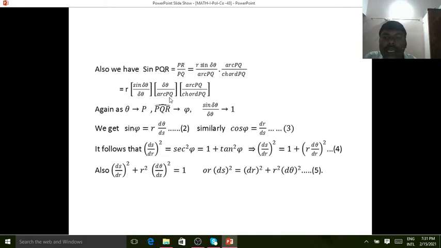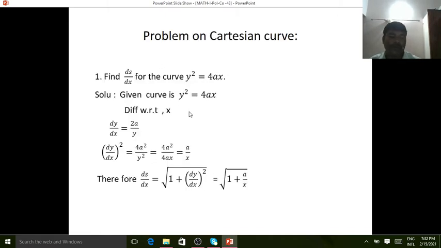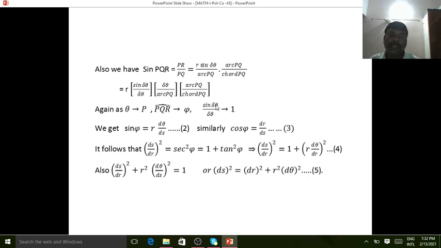Also we have sin of angle PQR is equal to PR by PQ, that is PR is r sin delta theta, by chord PQ, which is r into sin delta theta by delta theta into delta theta by arc PQ into arc PQ by chord PQ. As Q tends to P, angle PQR is equal to phi, and sin delta theta by delta theta tends to 1.